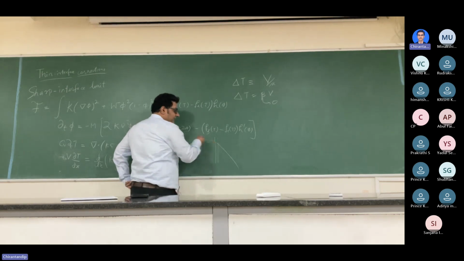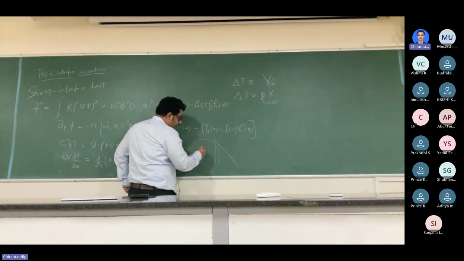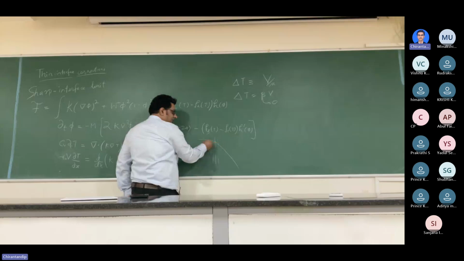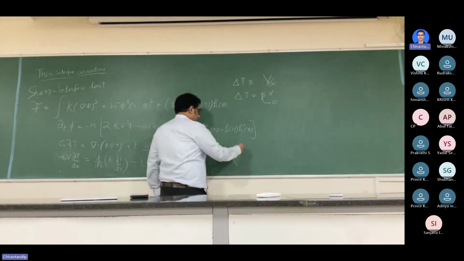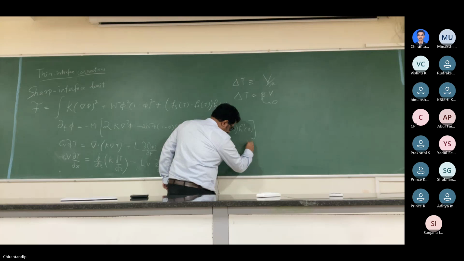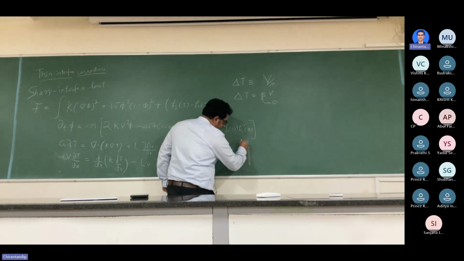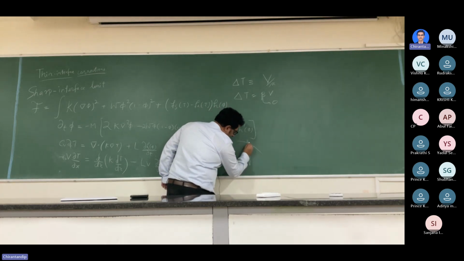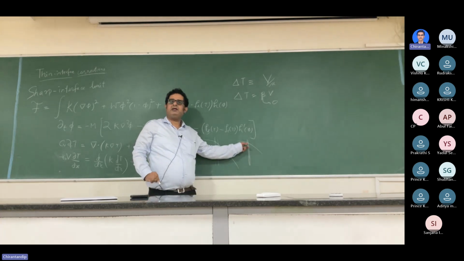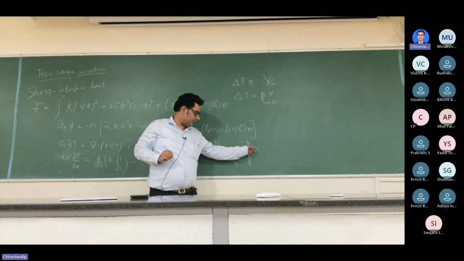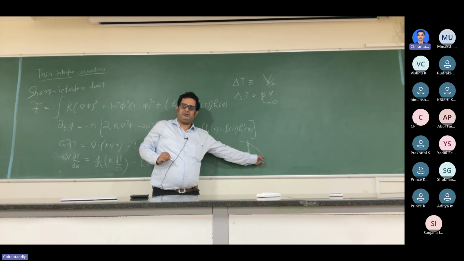If this interface is rather small, the variation of the temperature in this interface is really, really small compared to the macroscopic gradient that you are having.